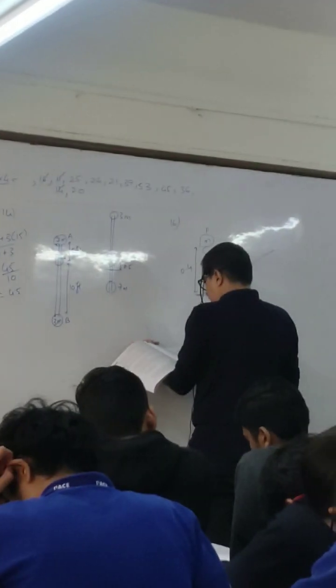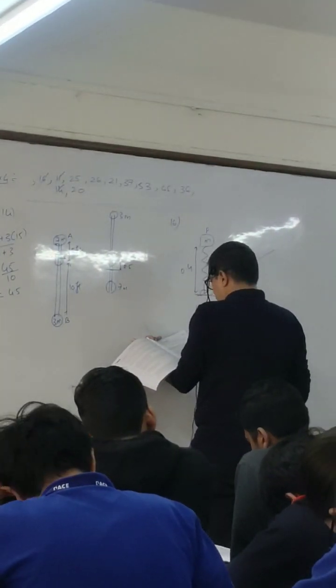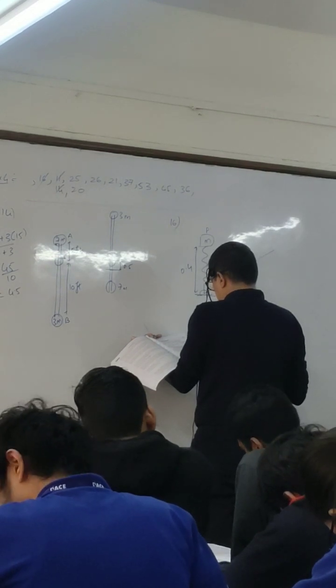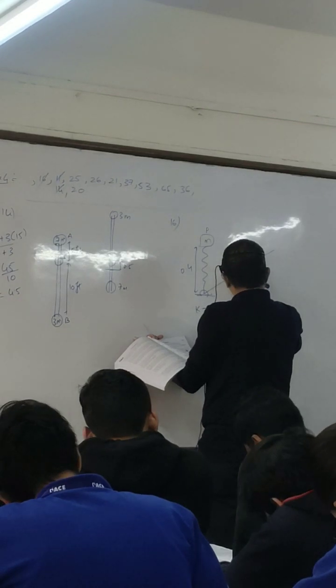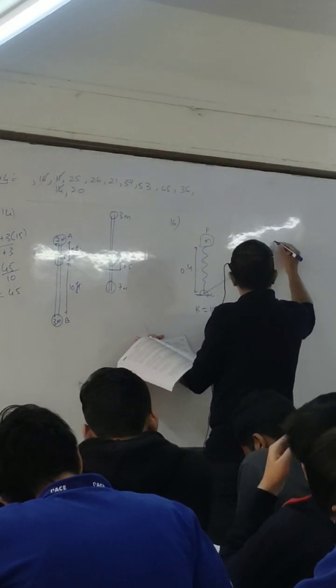If the block is set into motion with a perpendicular speed in the beginning, for which the distance from O to the point P will reach the maximum value of 1.2 meters.